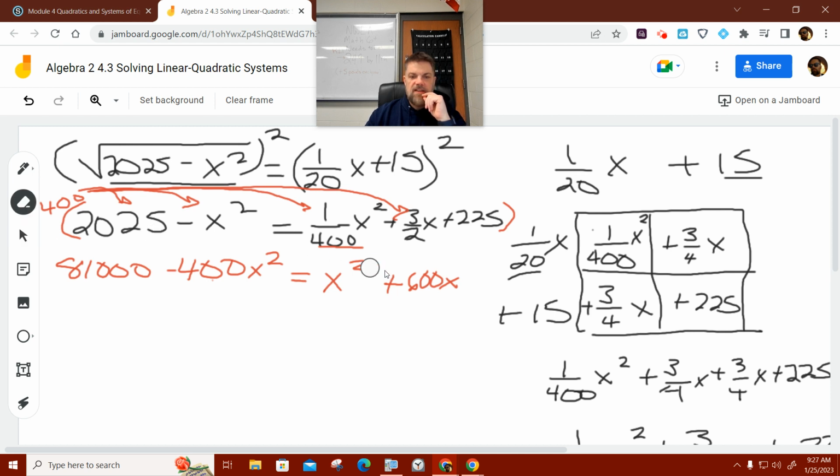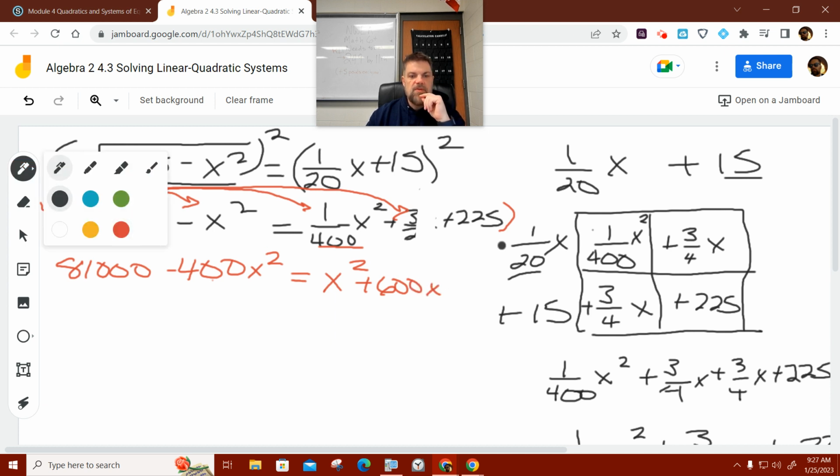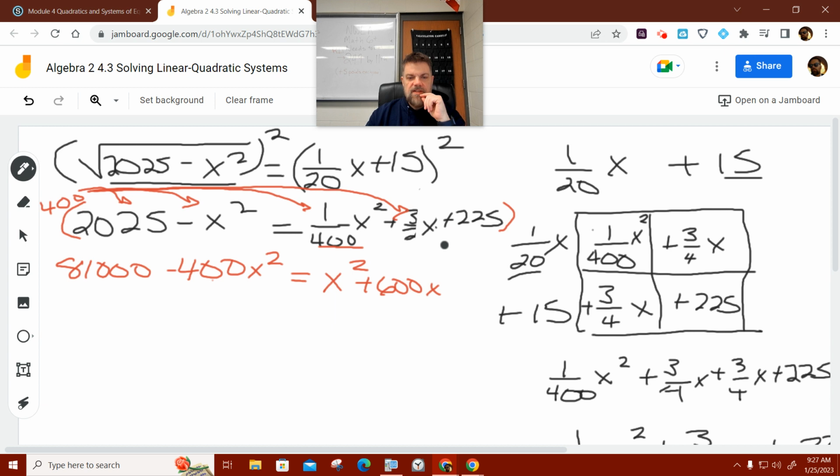I can't. I gotta give myself some room here. Oh, got excited on the eraser. This is going to be a positive 600x. Let me fix this real quick. This is 3/2 x. And then lastly, I need to multiply 400 times 225. So 400 times 225.